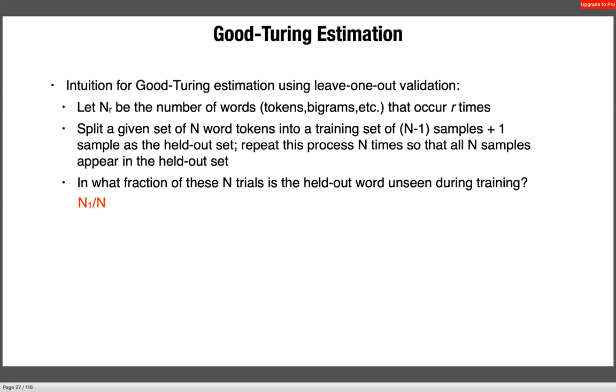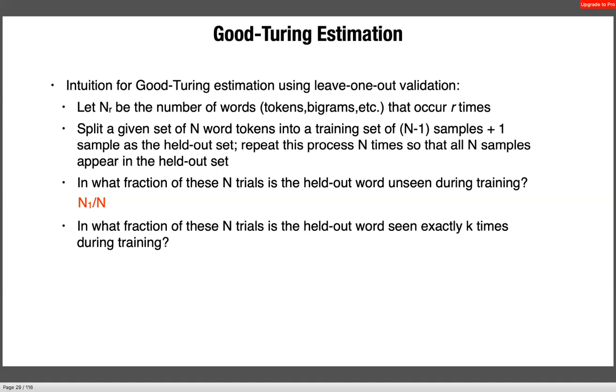Of these, I'm asking what fraction has the held out word unseen during training, which means that the held out word appeared a total of only once. So when it was in the held out set, there are no instances of that word in the training set at all. The number of such tokens is N1, because N1 is the number of tokens that occur exactly one time. So this is the fraction of the N trials where the held out word is unseen during training.